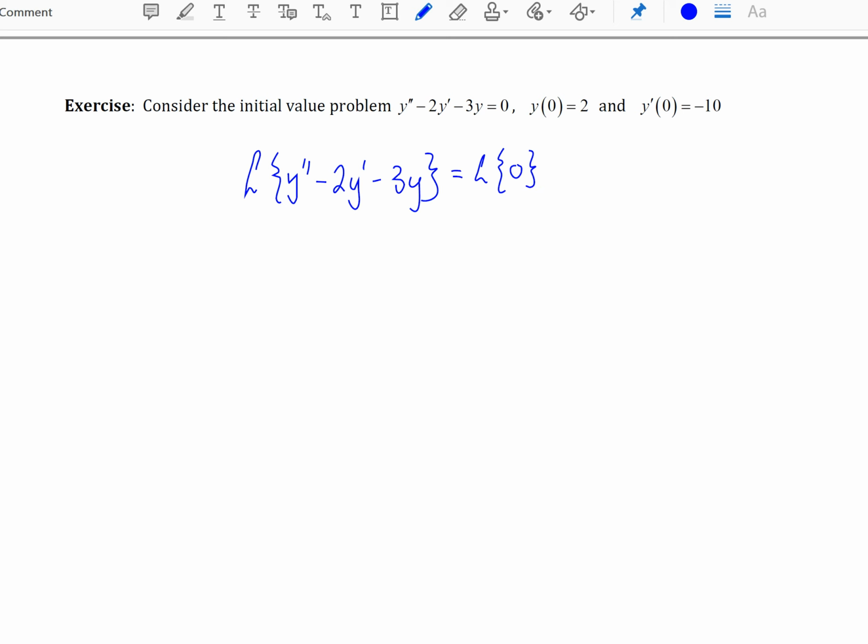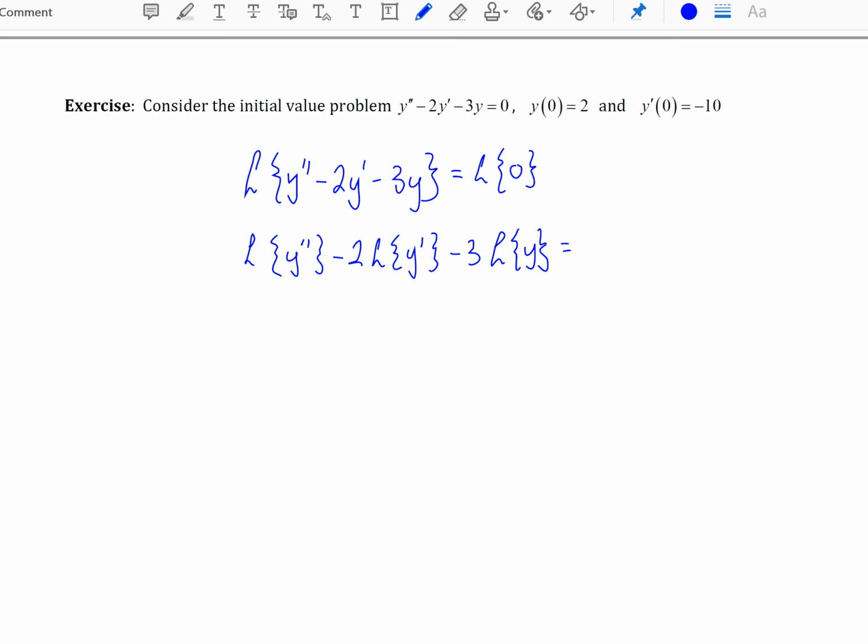Using the fact that the Laplace transform is a linear transformation that preserves vector addition and scalar multiplication, we can rewrite the left-hand side as the Laplace of y double prime minus 2 times the Laplace of y prime minus 3 times the Laplace of y equals the Laplace of 0.